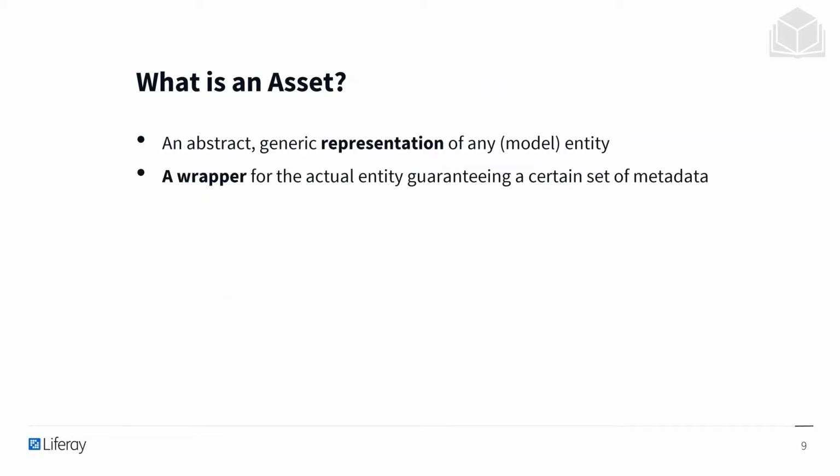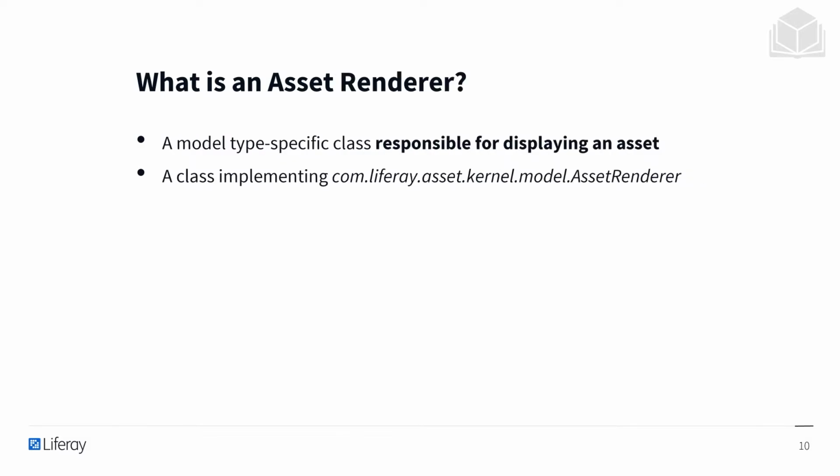An asset is an abstract, generic representation of any model entity. It's also a wrapper for the actual entity, guaranteeing a certain set of metadata. An asset renderer is a model type-specific class responsible for displaying an asset. For example, it would be a class implementing com.liferay.asset.kernel.model.AssetRenderer.